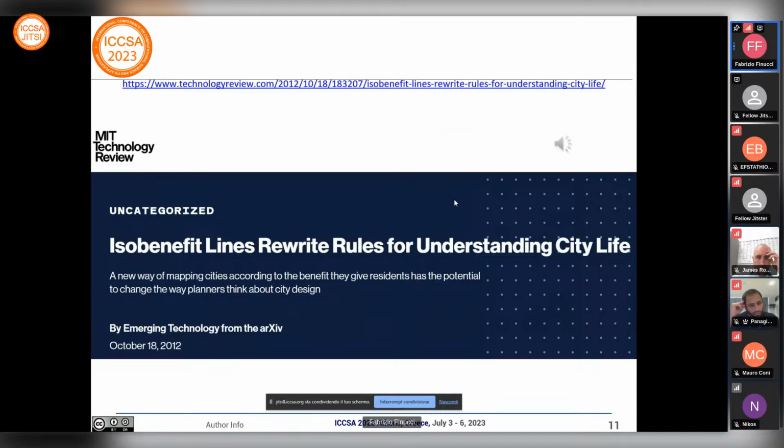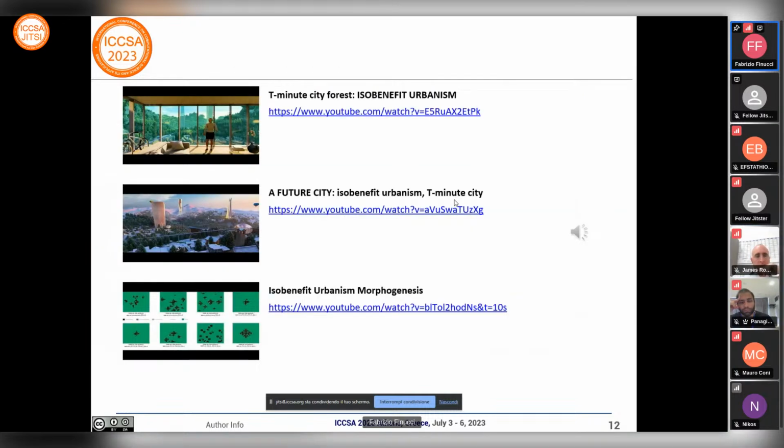It also partially built upon a previous concept called isobenefit lines, published at MIT Technology Review. You can also read more details in this link. Here you have 3 links which will direct you to some short videos where you can have a different type of presentation of the idea.